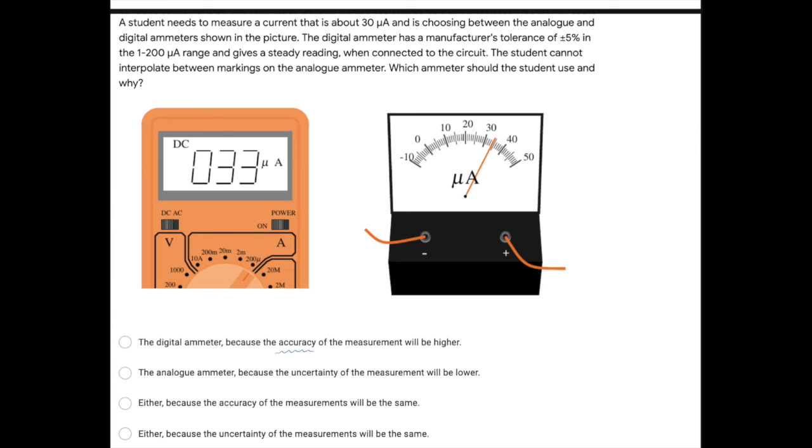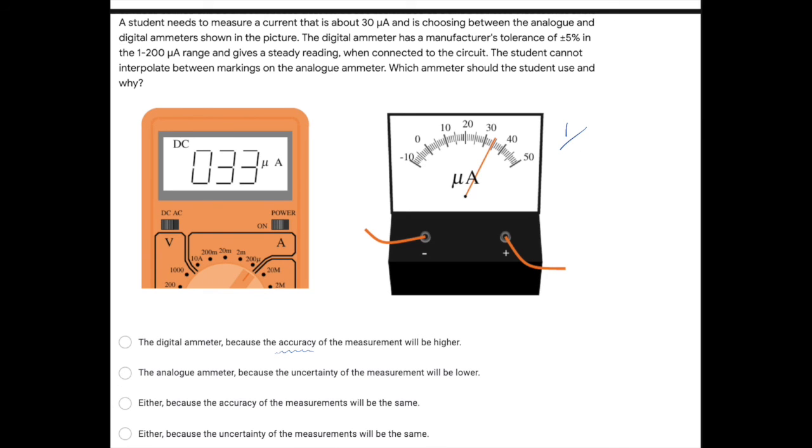Let's start with the uncertainties because we can actually work those out and deal with them. Option B suggests that the analog ammeter is better because the uncertainty of the measurement will be lower. So if we look at our uncertainty in our analog meter, we can see that each division here is 1 microamp. So we've got 1 microamp as the absolute uncertainty.